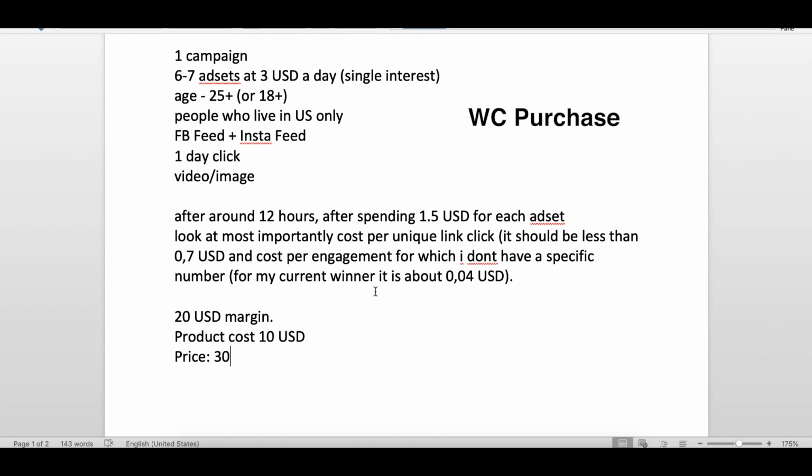But this is still not a strict rule, because most of the people that I know like to keep $20 margin, and they're profitable, and this is a good way to scale. But like I said, it's not a hard rule, because I've seen some people scaling with $15 margins, so it can be done. But the way I test is I always have $20 margin per product.